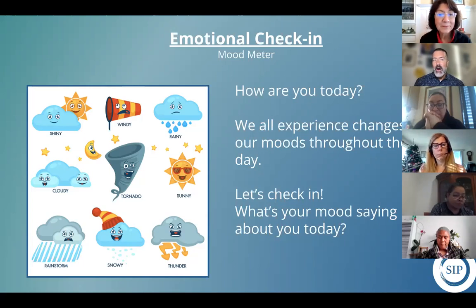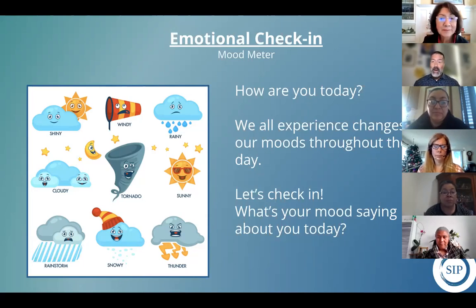Think about how you are today. Are you shiny and happy? Are you a little windblown from all of the events from the last week, etc.? And since we all experience changes in our moods throughout the day, our students do the same. You know, if you have a student that's a morning student, they're ready to go in the morning. By the time they leave, they are tapped out and ready to take their nap.